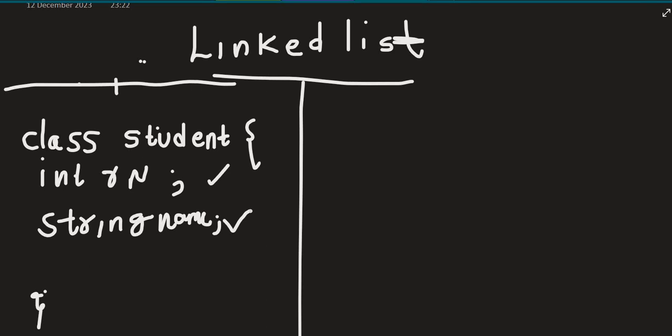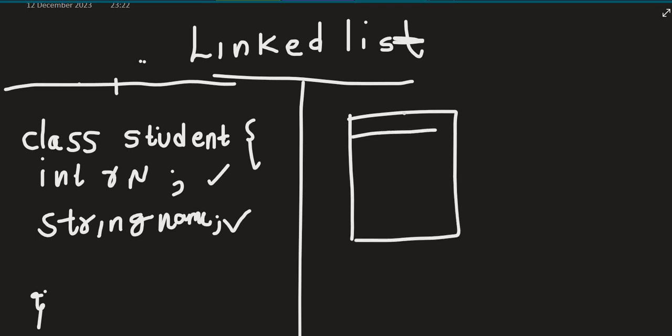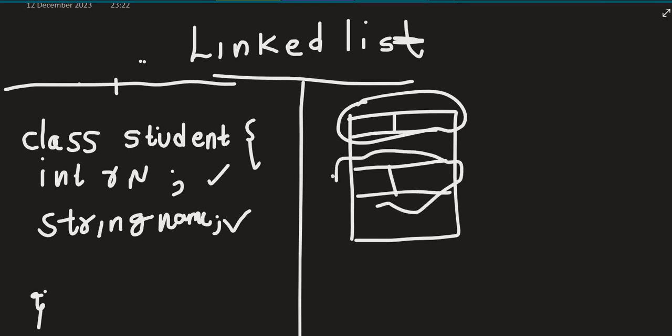There are many students in the class, and this is one student's data, and this is another student's data. Each is called an object, right? But how can I initialize this?